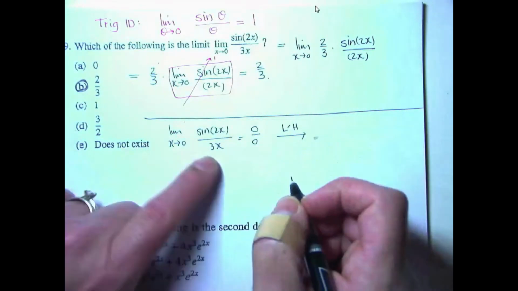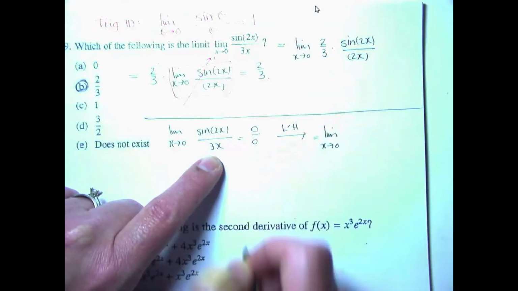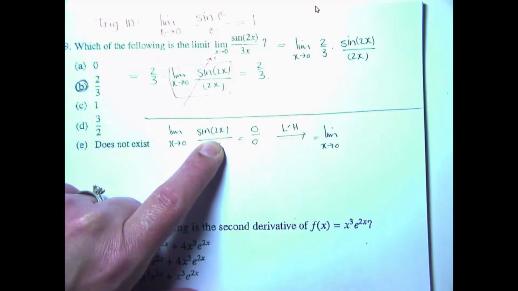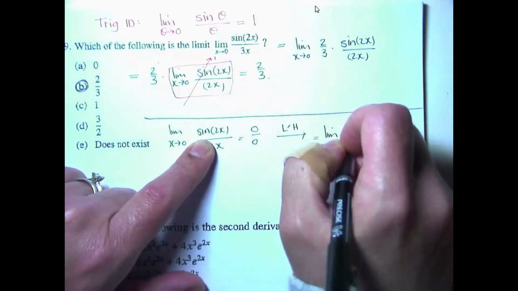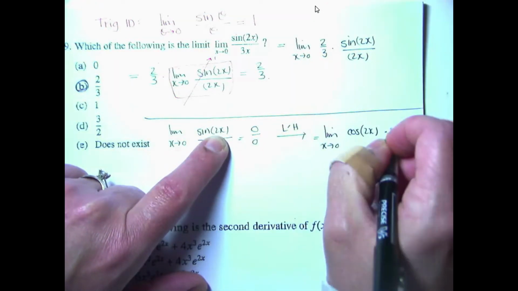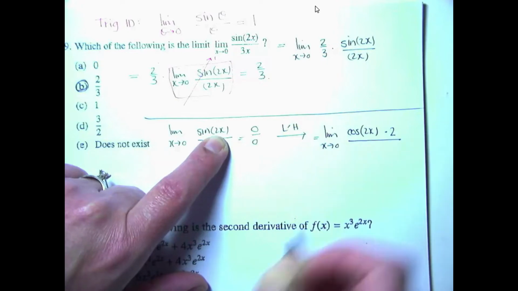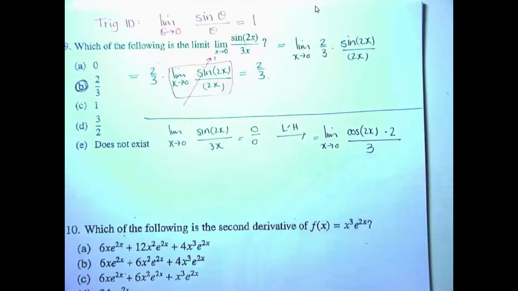So that means this limit will be equal to the limit as x approaches 0 of, let's see, the derivative of the top, derivative of sine of 2x. I would have to use the chain rule. Derivative of the outside, derivative of sine, is equal to cosine of 2x times derivative of the inside, derivative of 2x is equal to 2, over the derivative of 3x, which is equal to 3.